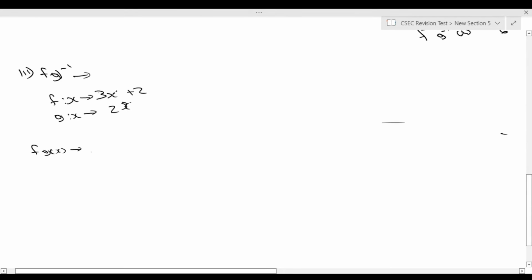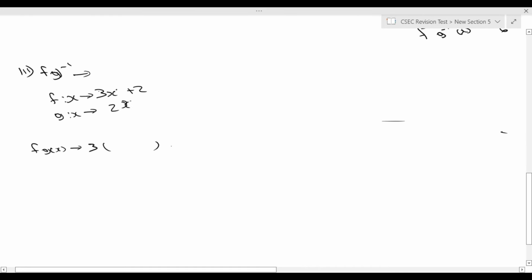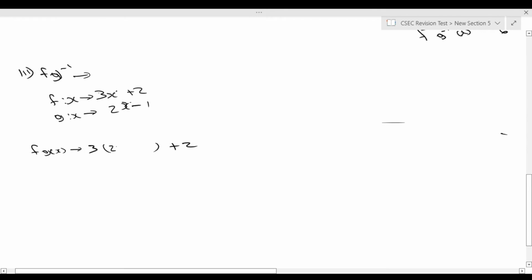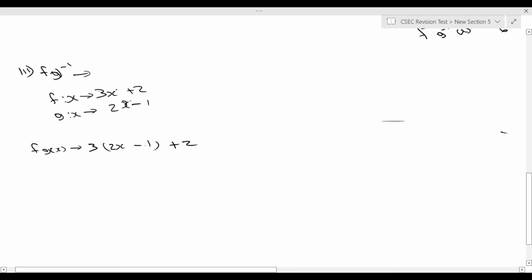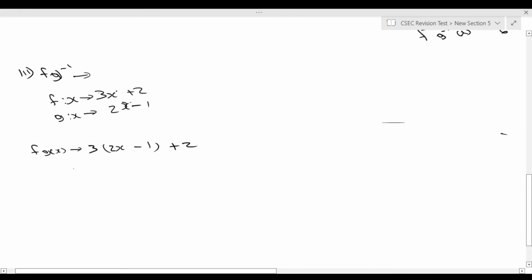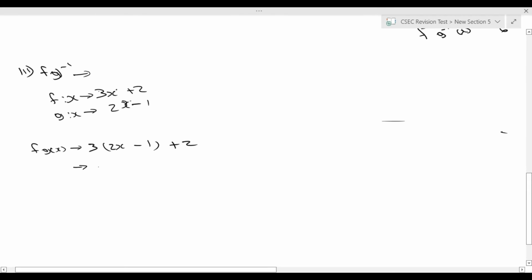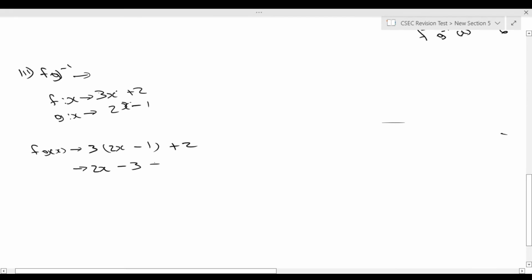So the f function is 3x plus 2, and we're going to input our g function inside of it, which is 2x minus 1. And we will have 3 times 2x, 3 times a negative 1, which is negative 3, plus 2.